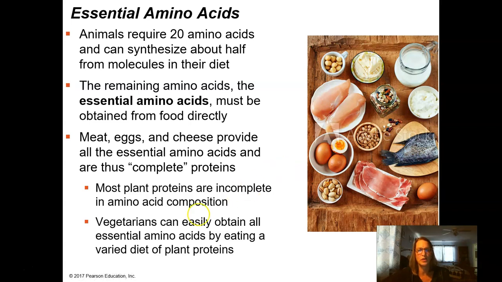So most plant proteins are incomplete. They don't have all of the amino acid composition. But if vegetarians or vegans eat a variety of different plant proteins, then they can pretty easily obtain all of their essential amino acids.